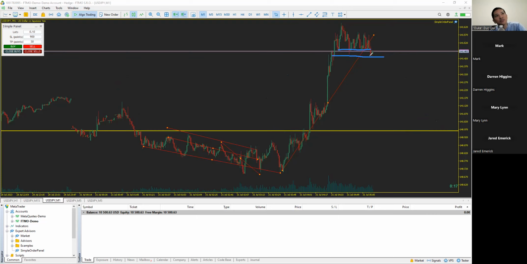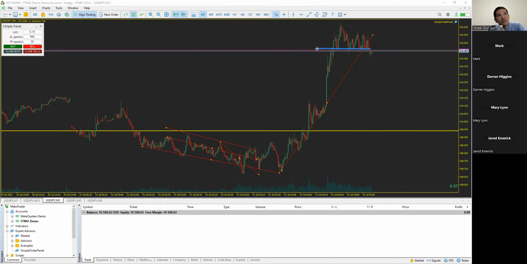But look at that, a 1, 2. It has not broken. It has not turned the market. This is still a flag. It's just that I saw one level right here, the next level.